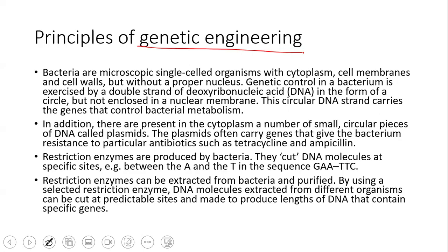Number one, bacteria can reproduce very, very quickly. Bacterial numbers tend to double, like with the snap of your finger, the bacteria can divide. So it's really easy to make large quantities of insulin using bacteria.